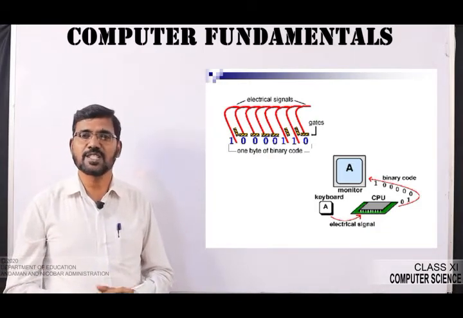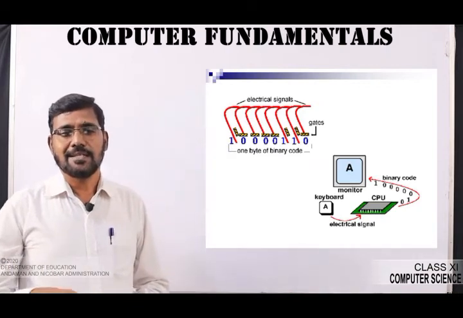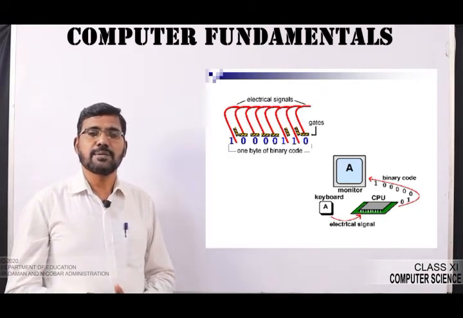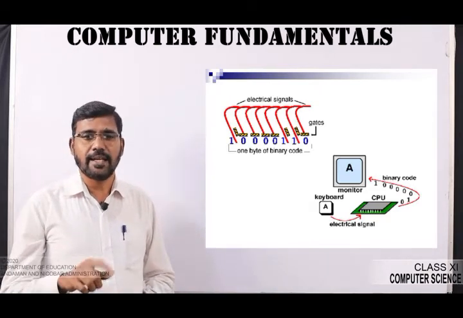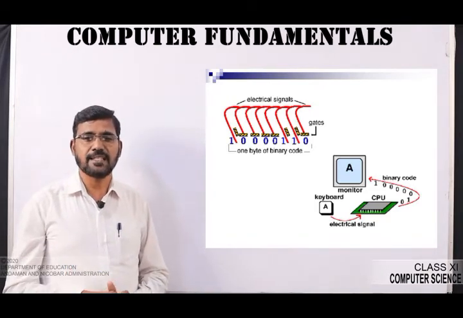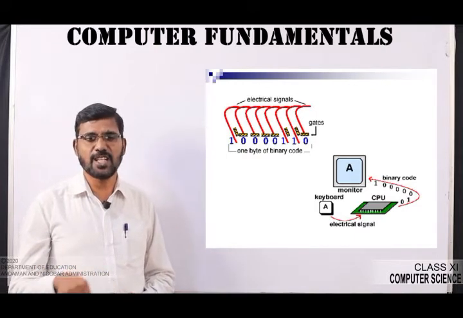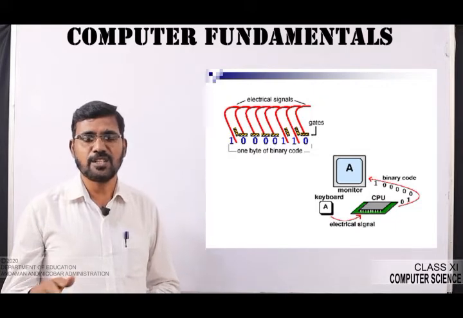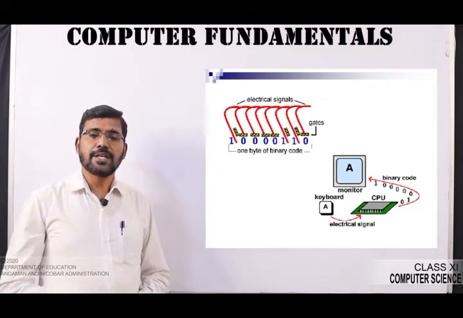So, binary is functioning in this manner. How does the electrical signal work? Suppose I am pressing A on the keyboard. The keyboard, the input device, takes that A in the form of a signal, and it is carried to the CPU.